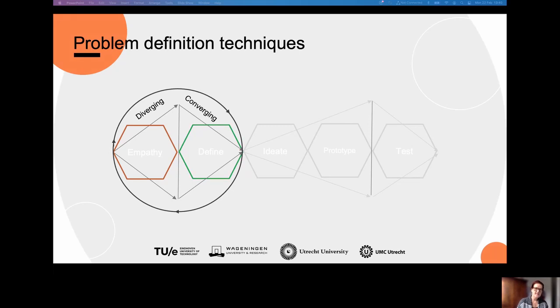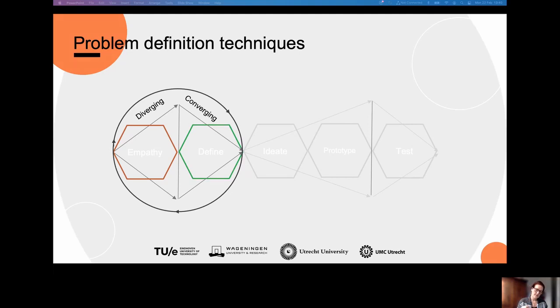So don't see this as a waterfall approach. See this really as an iterative process where you diverge and converge in a circle, in a sense. So don't worry if you end up with a problem definition that, maybe in the ideate phase, when you start collecting all kinds of different solutions, you might return to your define phase again.